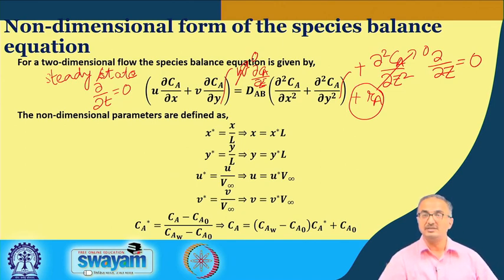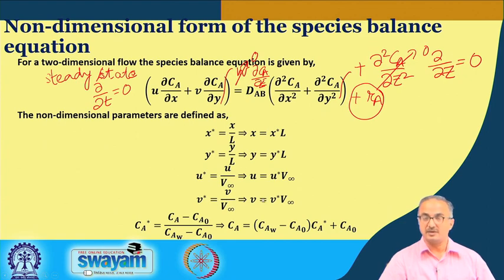Now, with these assumptions, as we have done earlier, we first non-dimensionalize the equation. We define the non-dimensional x and y coordinates this way, and you can see that these are also normalized. Here we define the u and v components of the velocity in a non-dimensional fashion.